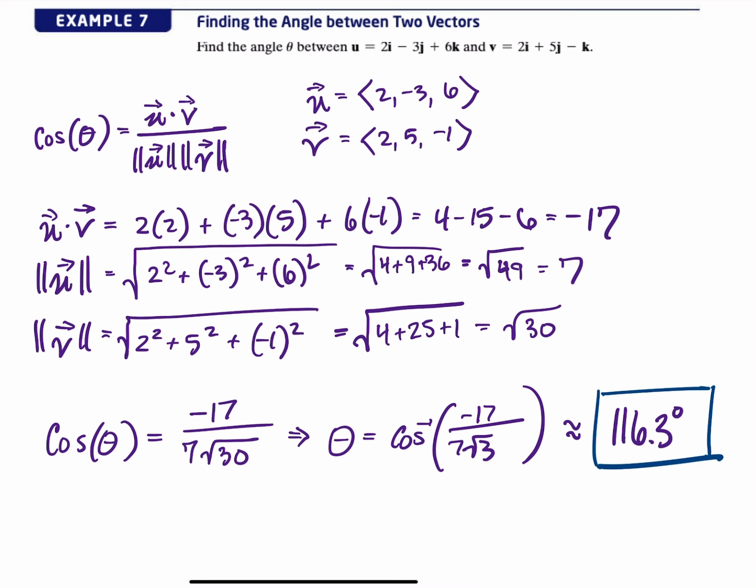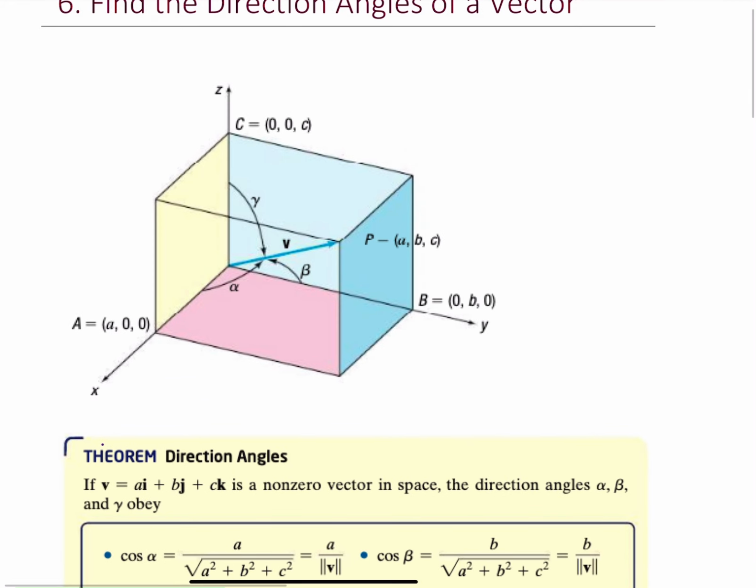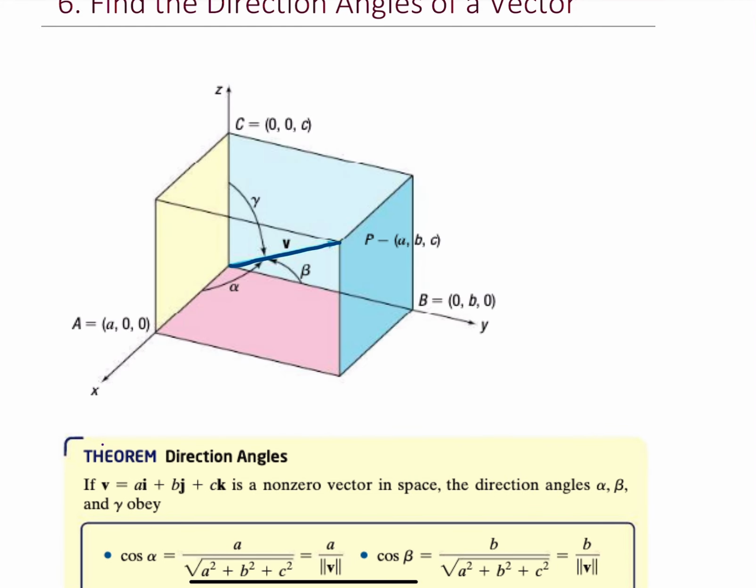Now, the direction of the vector is described using 3 angles. So it's a little more complex than our single angle for the direction of a 2-dimensional vector. So we have our diagram showing the blue vector is the vector we're looking at. So this vector here in 3-dimensional space.